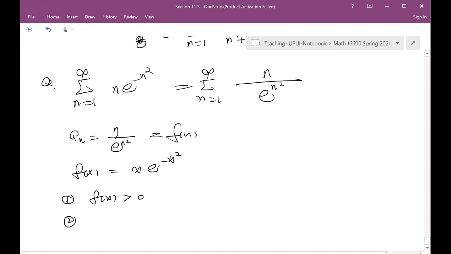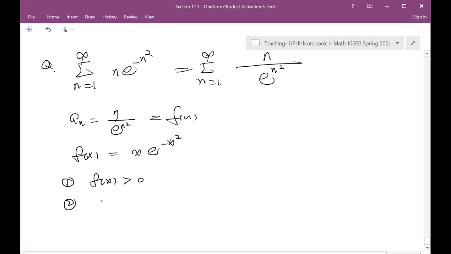If you look at this quotient, the numerator increases, and the denominator also increases, but the denominator increases much faster, so the quotient decreases. But that's just a rough idea, so we have to prove that.